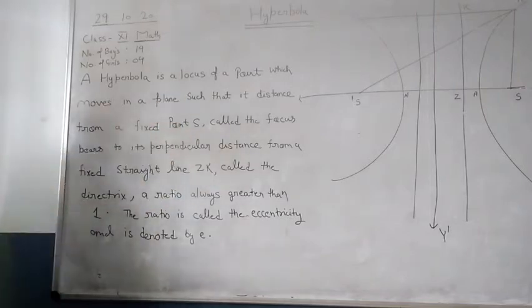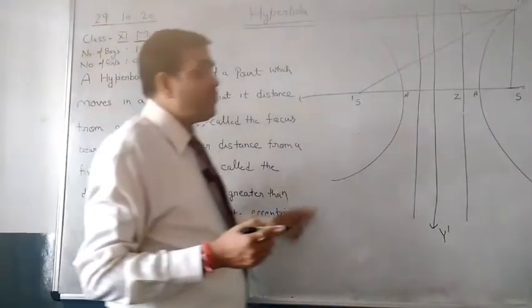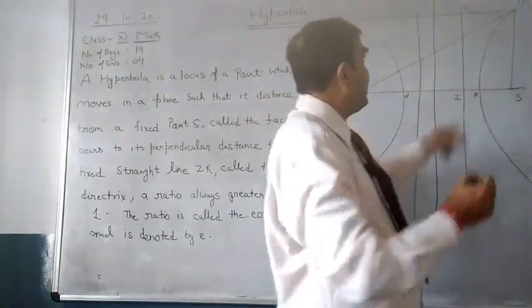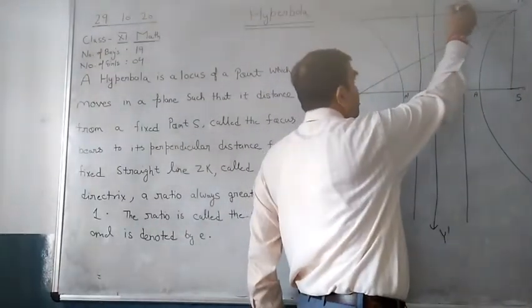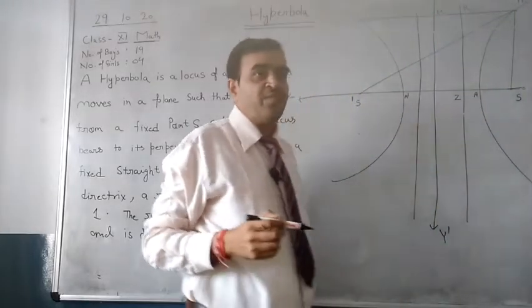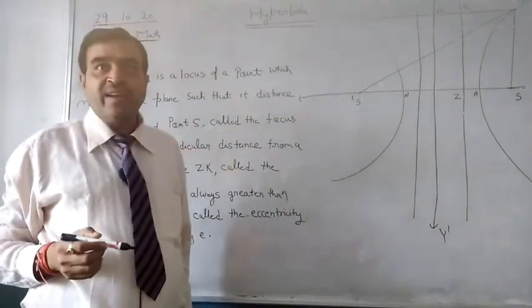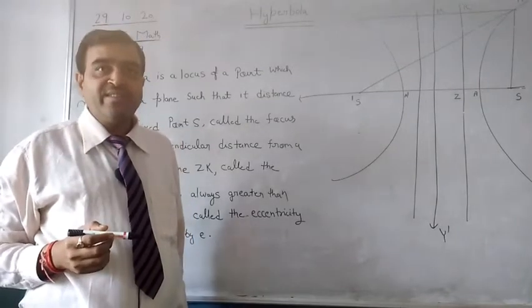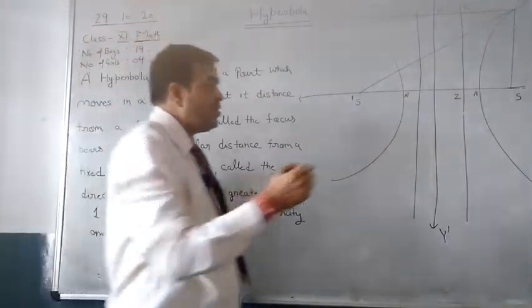The ratio is always greater than 1. The ratio PS to PM, where M is the foot of the perpendicular, is always equal to e, and it is called the eccentricity of the hyperbola.